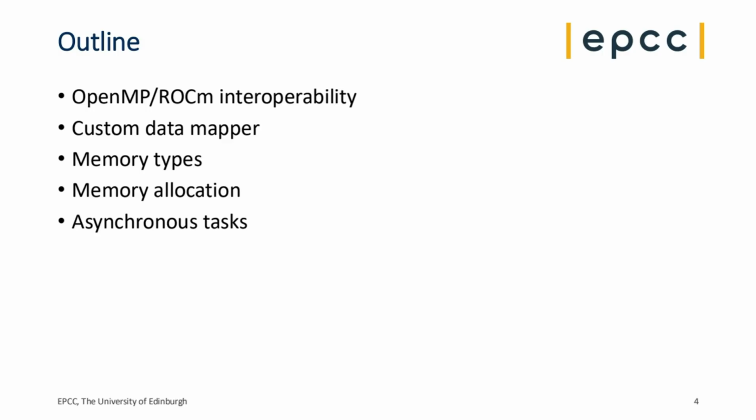We'll talk about how you can control the allocation of that memory, and how you may want to specify how the data is going to be organized within memory and how you're going to control access to that. And then lastly, I'll finish off with a discussion about asynchronous tasks. You can send instructions to the GPU, but not block on the sending of those tasks, leaving you free on the host to do other work.